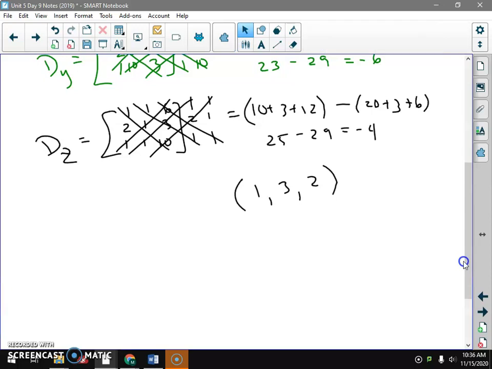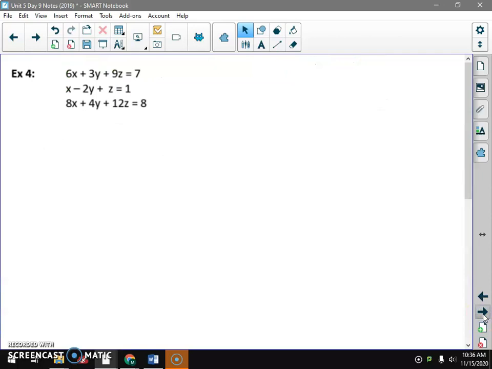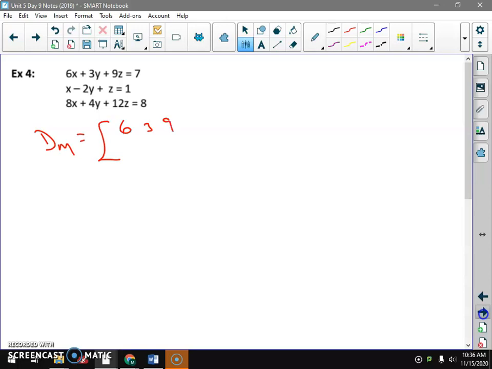All right. One more 3 by 3. I got a couple minutes, but we can just set it up. I'll tell you what the determinants are. You can check. Actually, let's take a look at this one because it is a special case. M is 6, 3, 9, 1, negative 2, 1, 8, 4, 12.